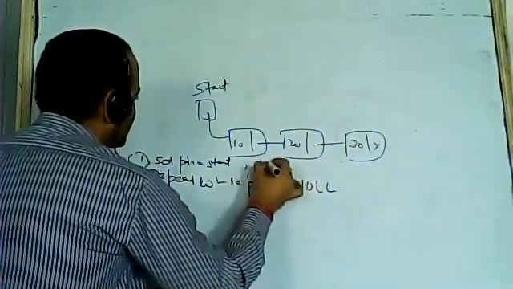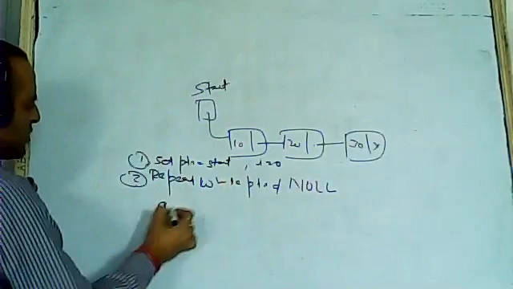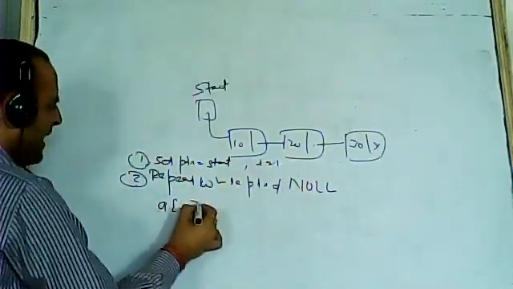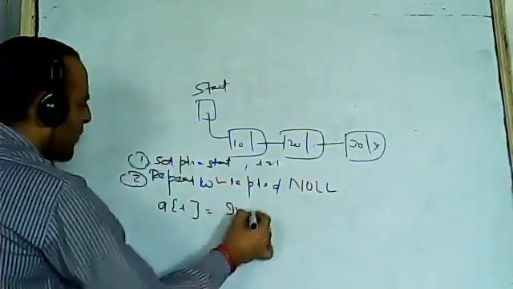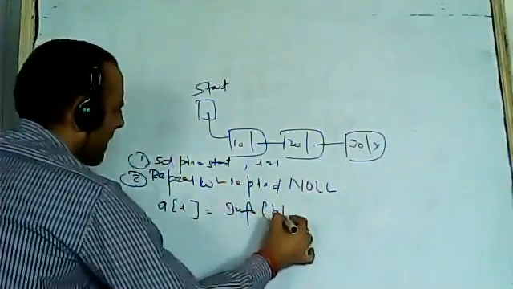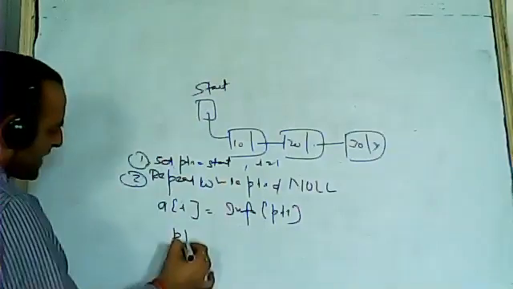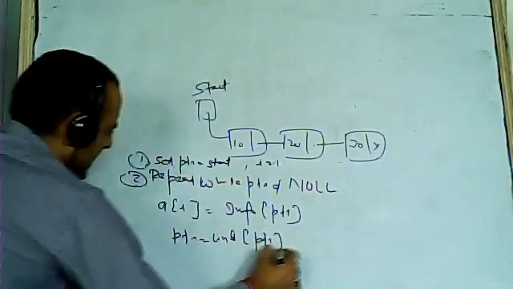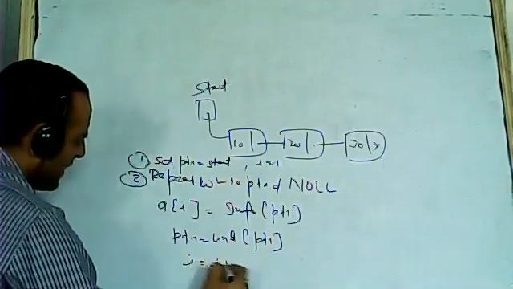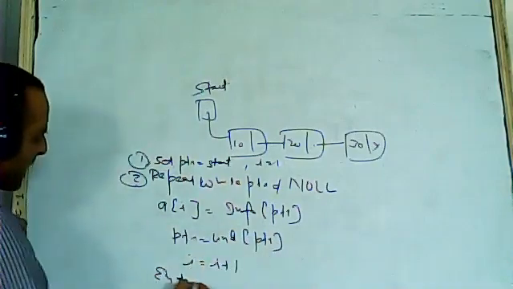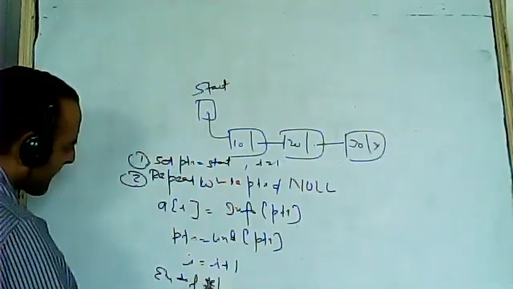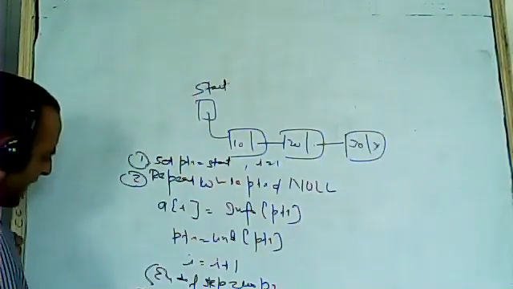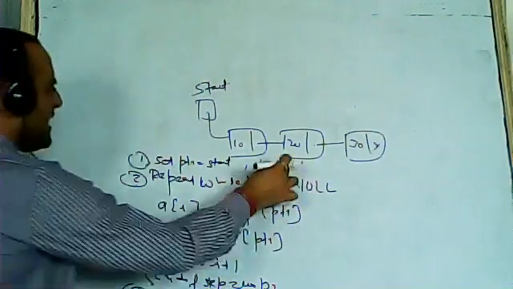Now suppose I is 1. So A of I is equal to info of pointer. Pointer is equal to link of pointer. And I is equal to I plus 1. End of step 2 loop. Now I is initially 1.